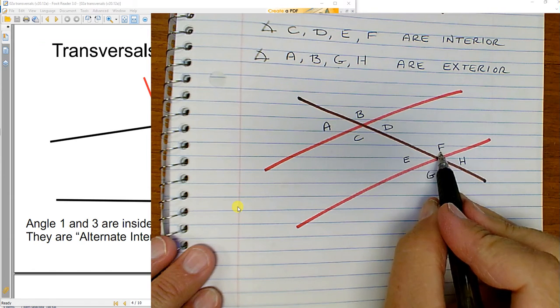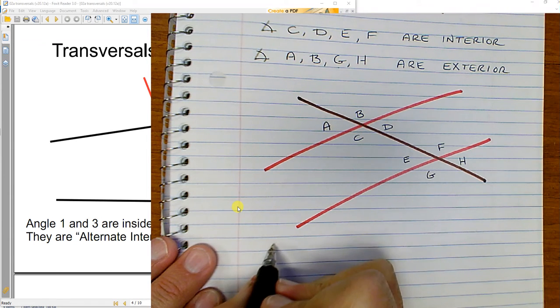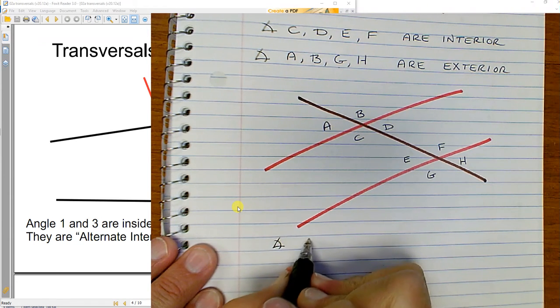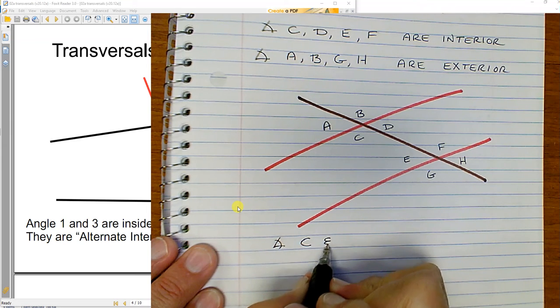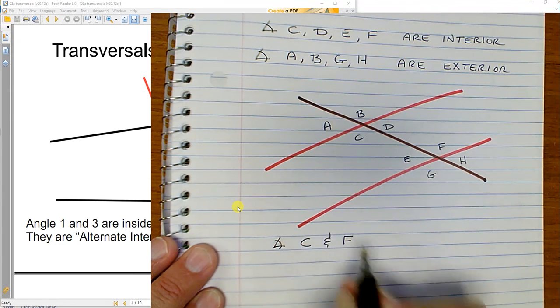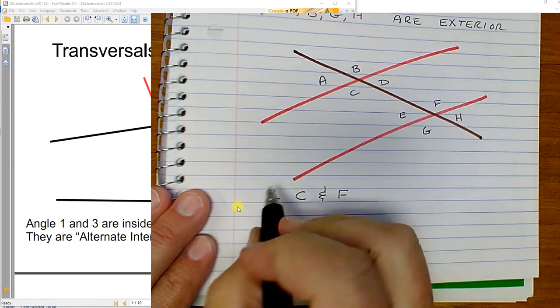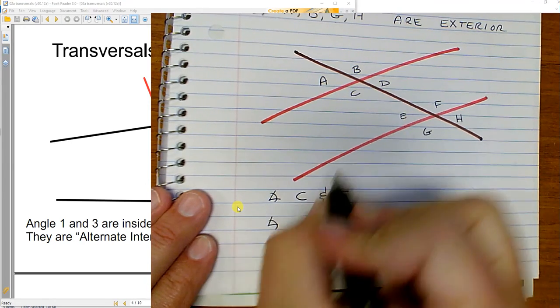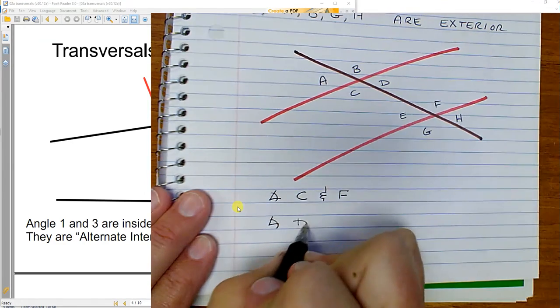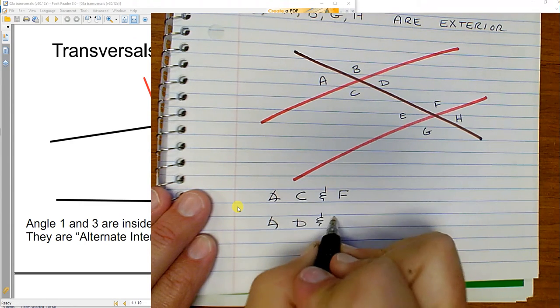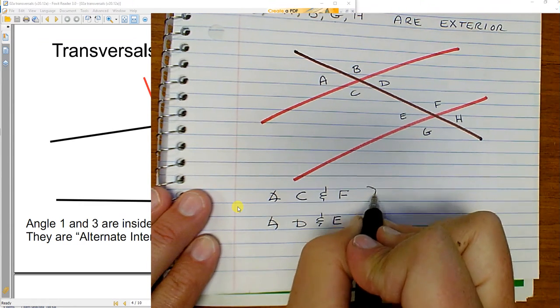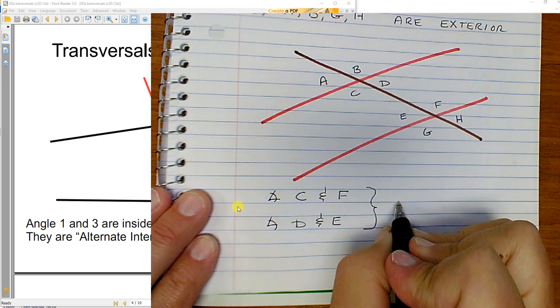C and F, angle D and E, these are alternate interior angles.